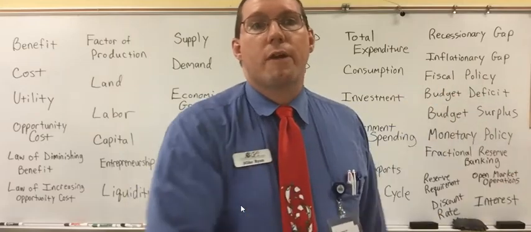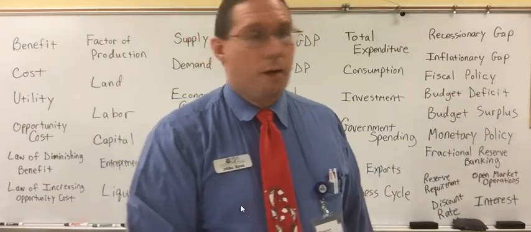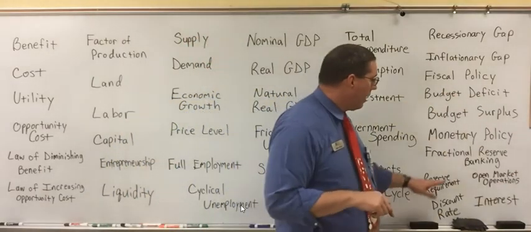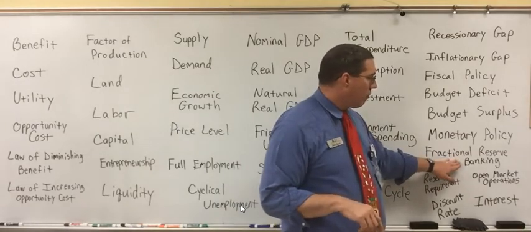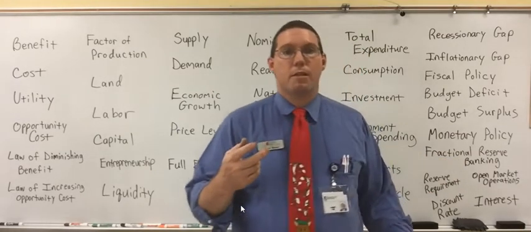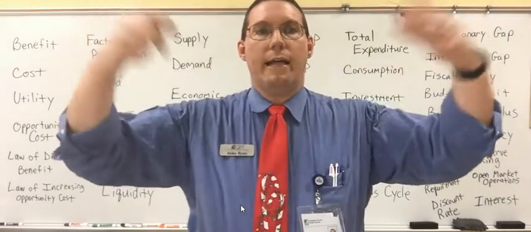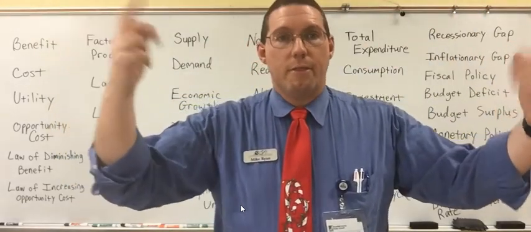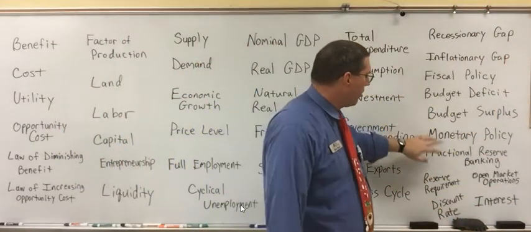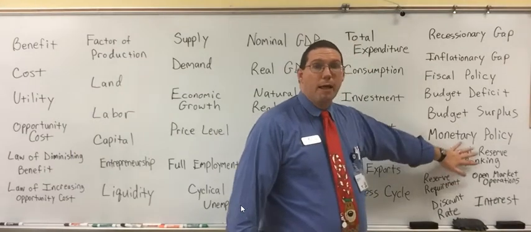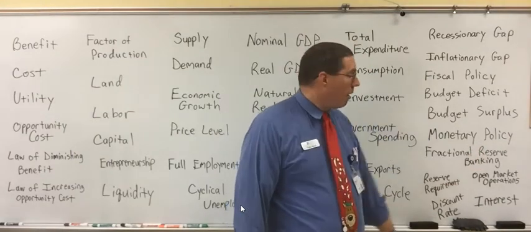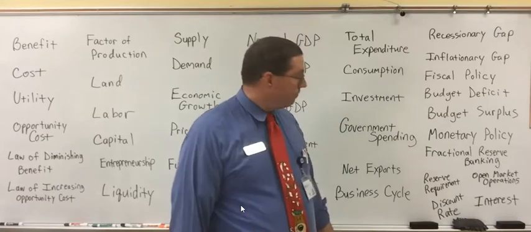It's a chain reaction of spending and lending. Okay, so this chain reaction of spending and lending through the fractional reserve banking system allows the money supply to swell and get really large. And so through monetary policy, the government wants to manage the money supply, and a big part of managing the money supply is this fractional reserve banking.